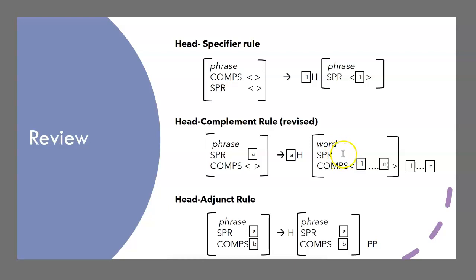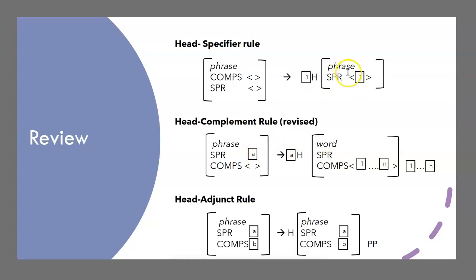And the specifier value, whatever is there, is preserved in the mother node. So when the head combines with complements 1 to n, the complements become a null or empty list in the mother node. But what happens to the specifier value? Whatever is there in the specifier, that is preserved.